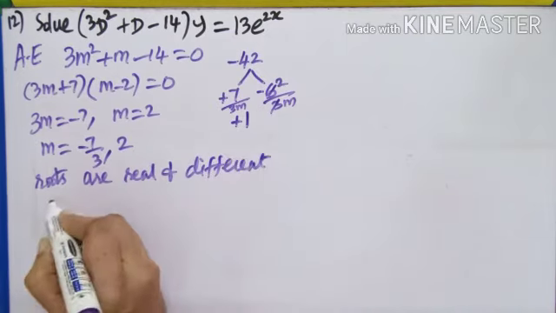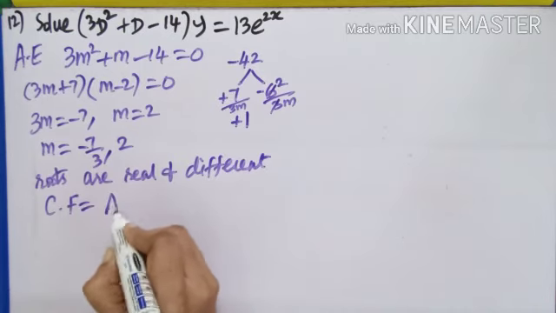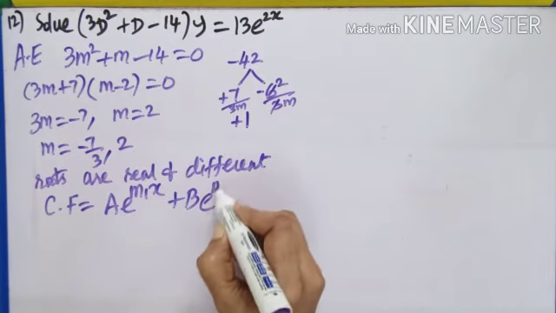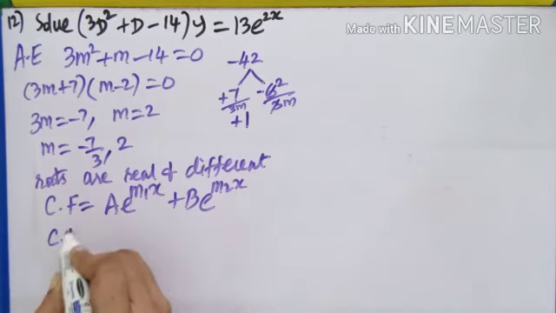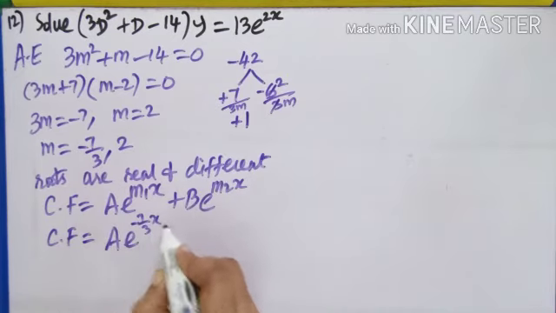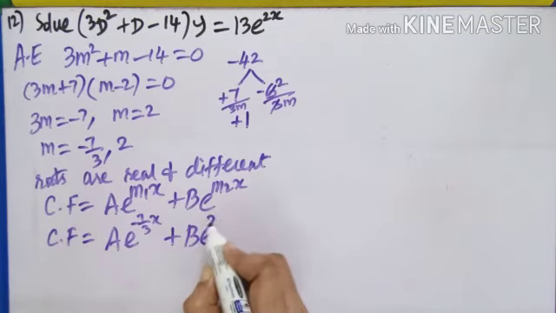Whenever they are real and different, we write the complementary function A e^(m1x) + B e^(m2x). CF equals A e^(−7x/3) + B e^(2x).